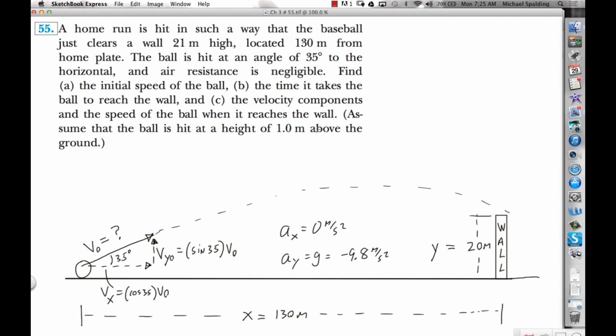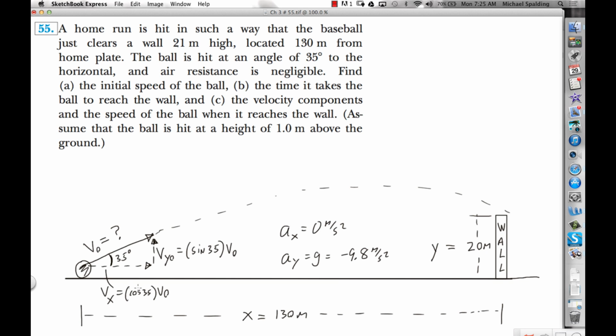Number 55. This is very similar to the worksheet that I passed out, the one titled Ball Just Clears Wall Problem. So here's the information we have. This ball is hit with an initial velocity that we don't know at an angle of 35 degrees above the horizontal.